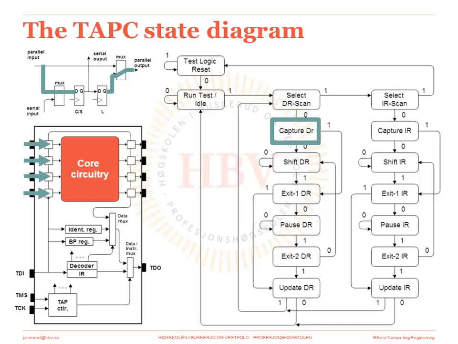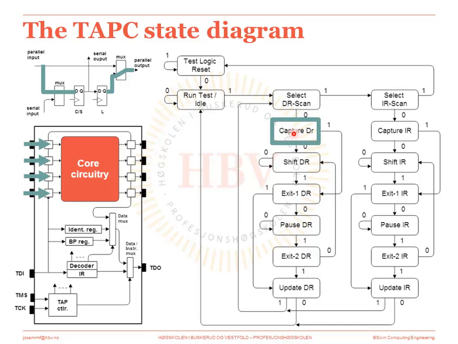Notice that while going through the capture data register state, the input multiplexer in the cells was connected to its upper input, and this means that all the capture shift stages in the boundary scan cells have captured what was present at their inputs. This happens when we go through the capture data register state.